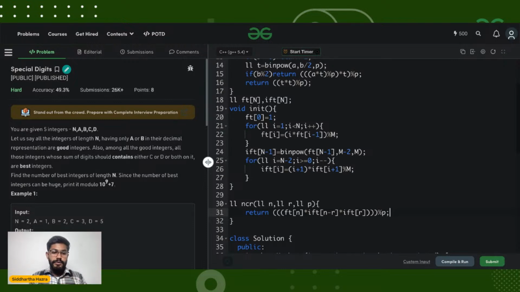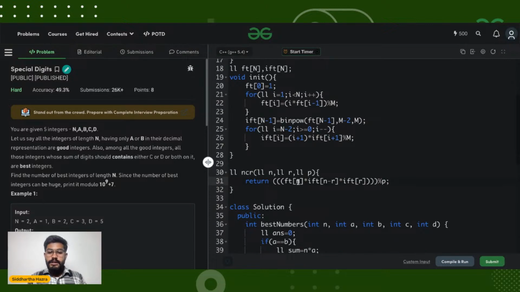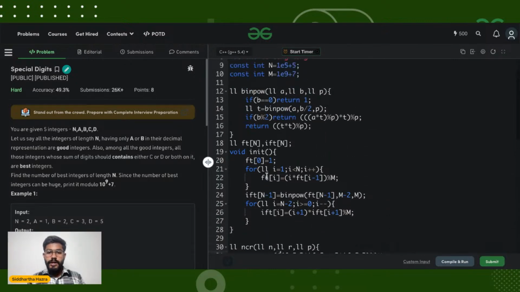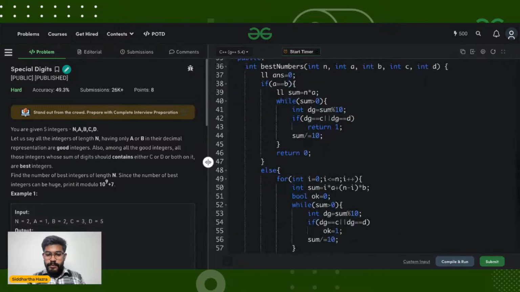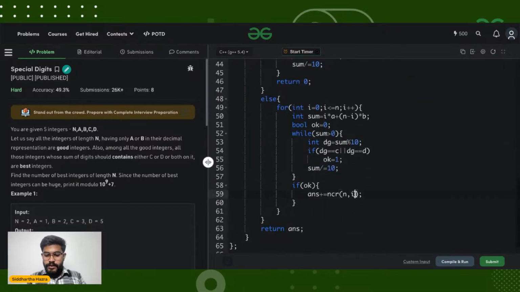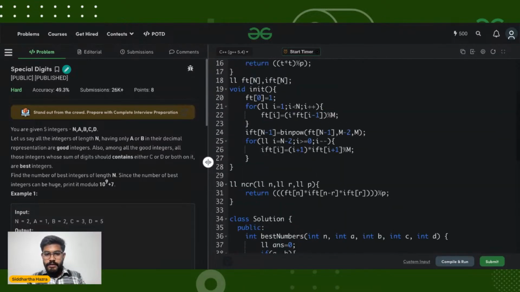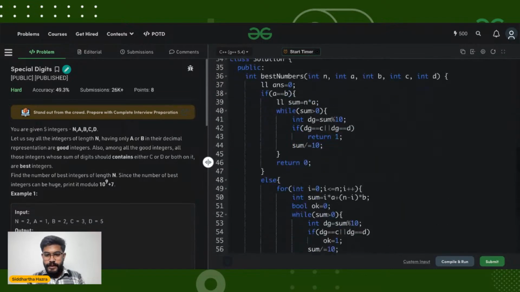This is what you need to do. The whole thing was just to do this. Now I just need to pass n, i, and the value of m.